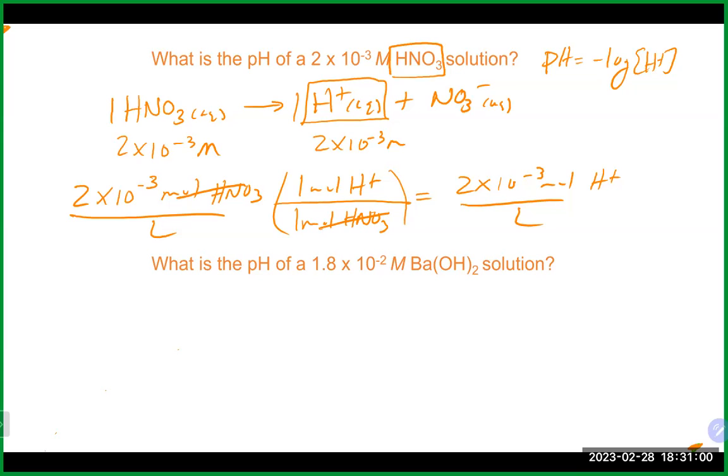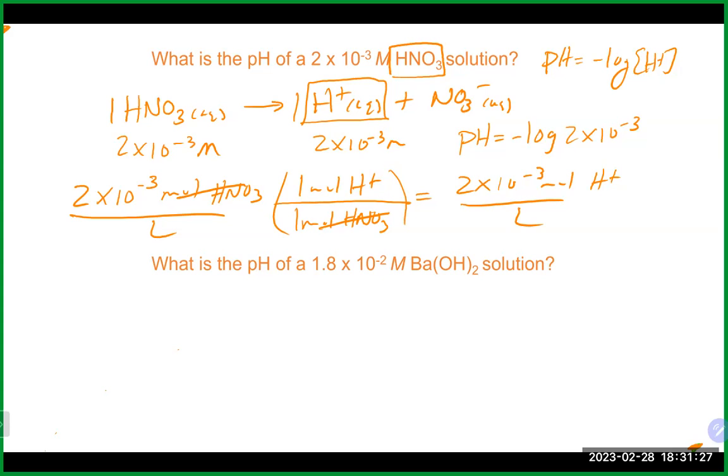All right. Since we know the H plus concentration, we can put it in. The pH is equal to minus the log of 2 times 10 to the minus 3. Remember, as we talked about the other day, depending on your type of calculator, if you have a display calculator, you put that in exactly the way it's written: negative, not the subtract button, 2, the exponent button, and -3.